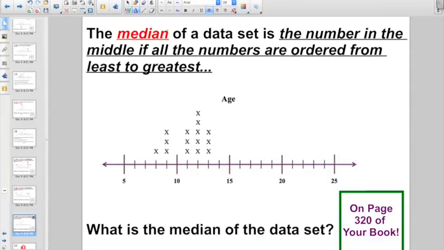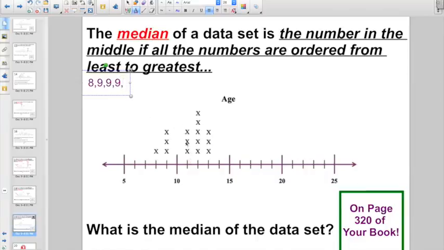So if we're taking a look at our data set right now, the first number that I have, 1 x right there. What number is that? If this is 5, 6, 7, 8, right? So let's start with an 8. Now I have 1, 2, 3, 9. So I'm going to go 9, 9, 9.